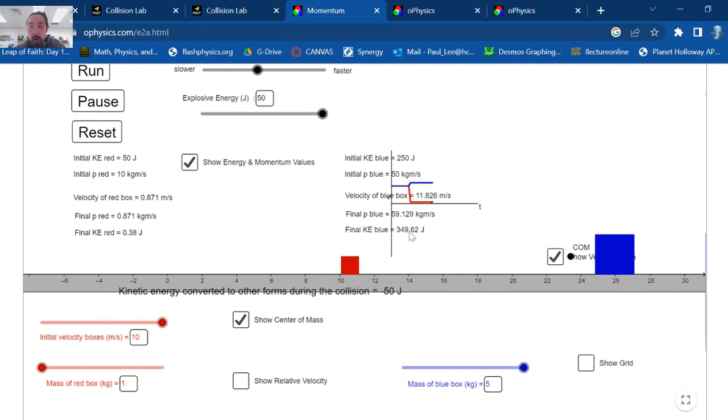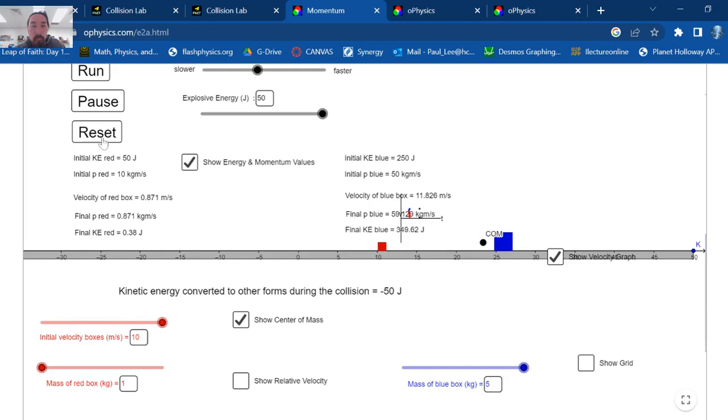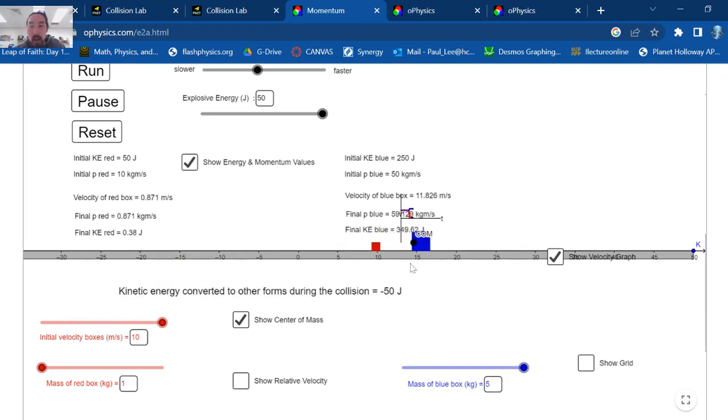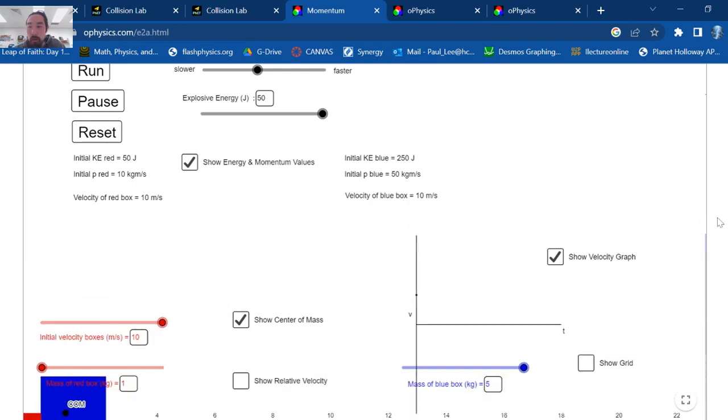So here's something cool about the simulation, right? The simulation here shows you a velocity chart here. So we can see that initially in purple, they had the same velocity, but after it, it's kind of hard to see. It's a little bit small, so I will make it a little bit bigger. There we go.